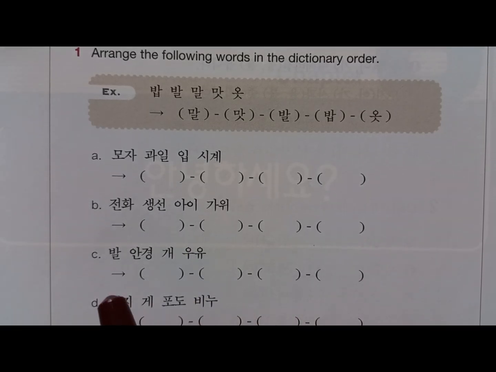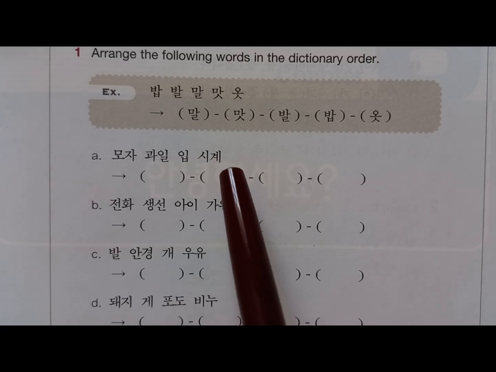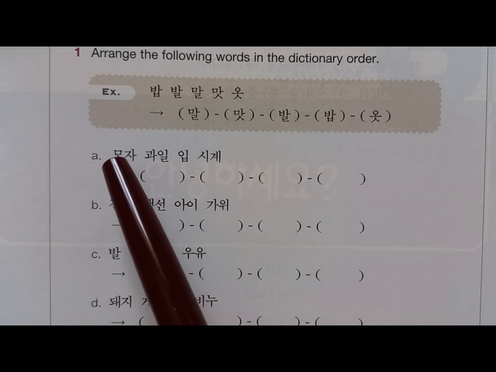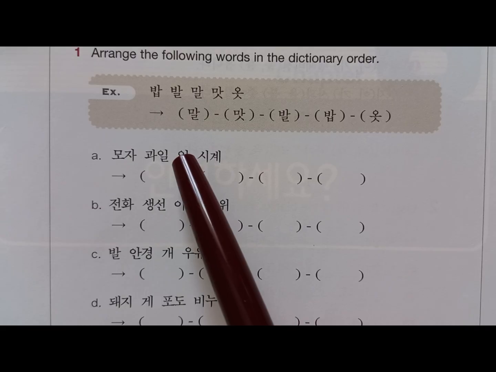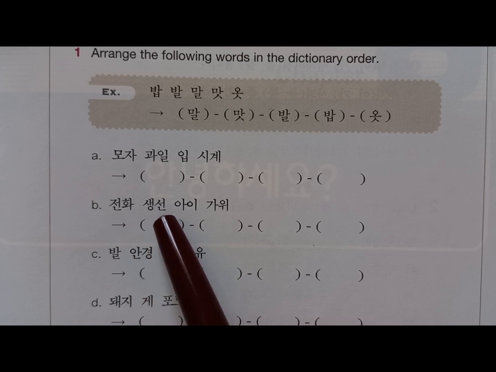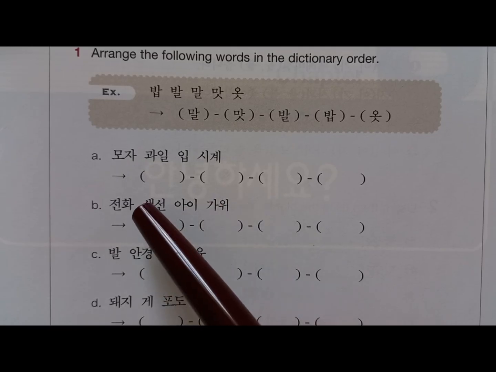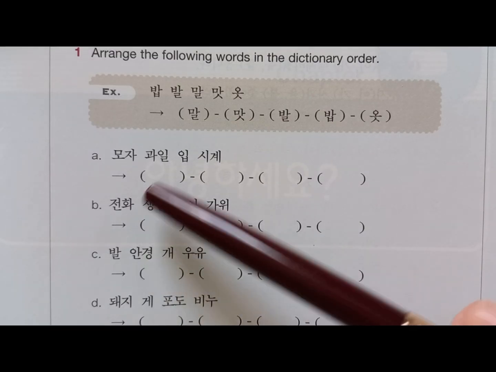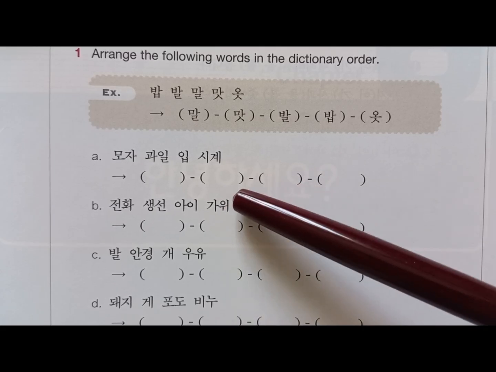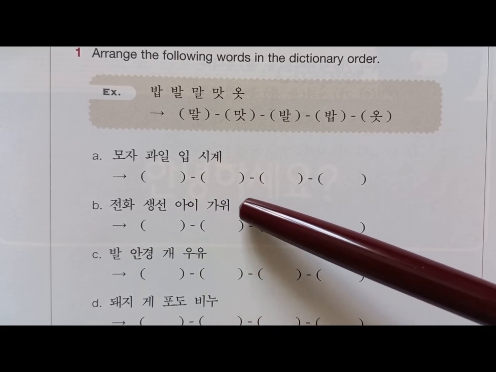Then we have 모자, 과일, 시계. That would be 과일, 모자, 시계. Then we have 중국, 생선, 아이, 가위. So that would be 가위, the scissors, 생선, 아이, and 중국.